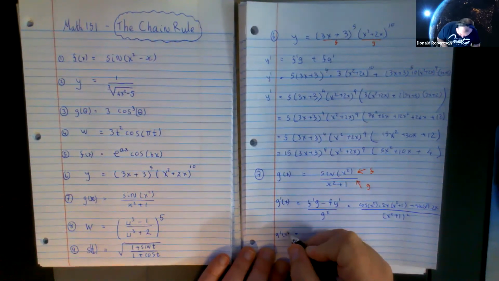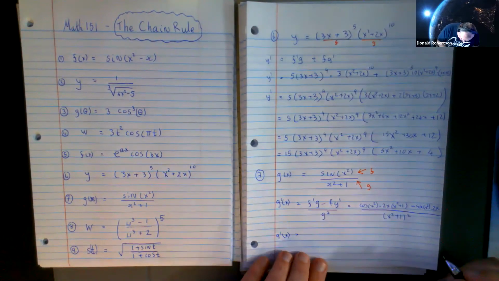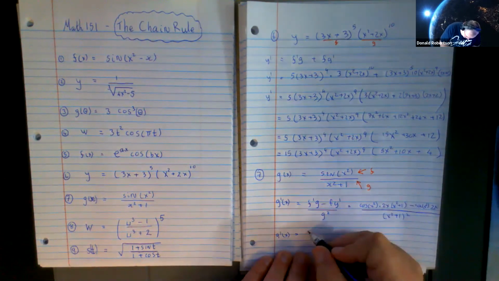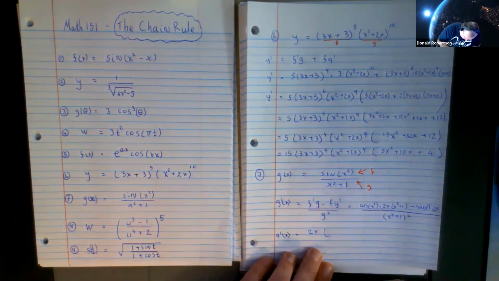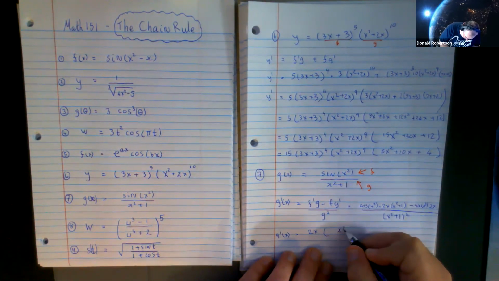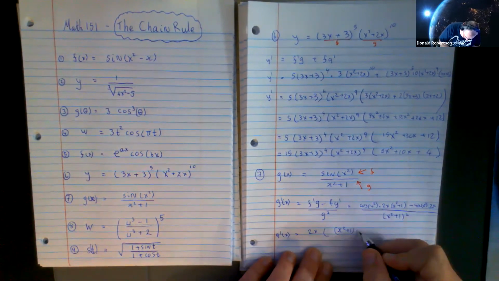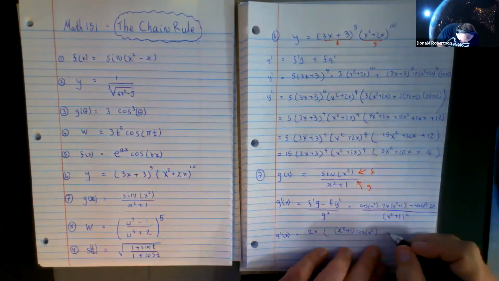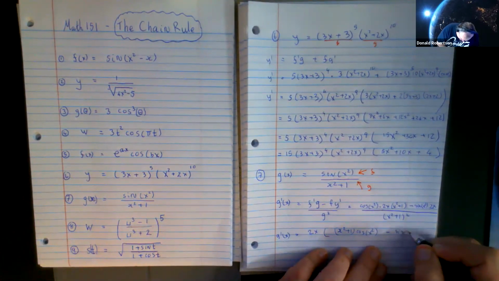Now I'm going to see if there's anything I can do here. Oh, I can pull out a 2x. So I'll pull out 2x as a common factor, and I'm left with x squared plus 1 cosine of x squared, take away the sine of x squared.